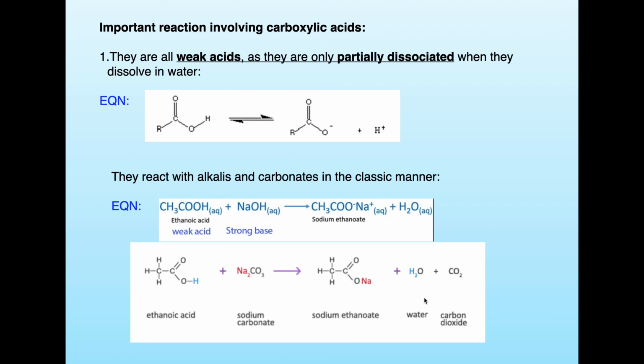Have a go at balancing this equation. Just noticed it's not balanced. Okay, you probably got it now, hopefully. There should be a big 2 in front of this and a big 2 in front of this. You check it out.